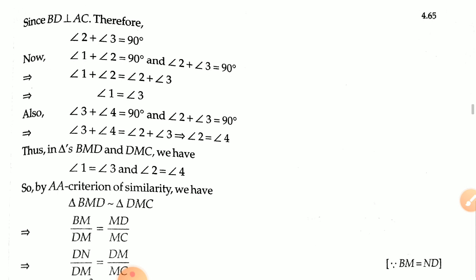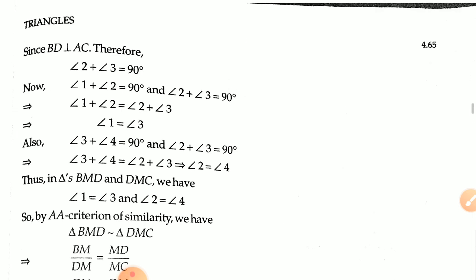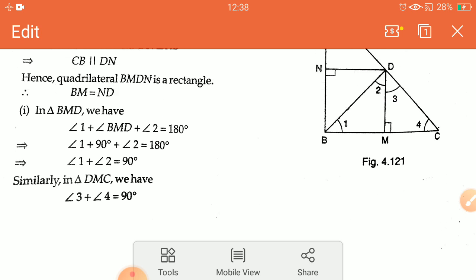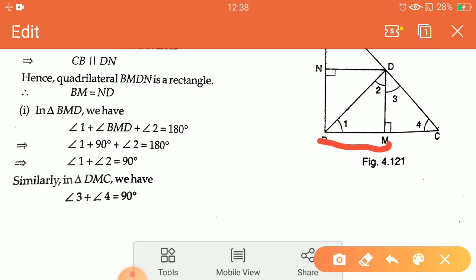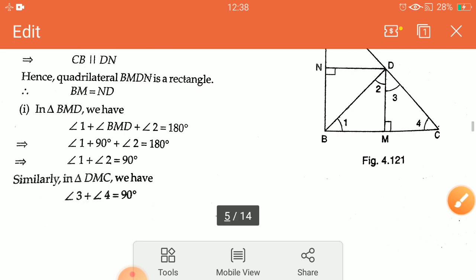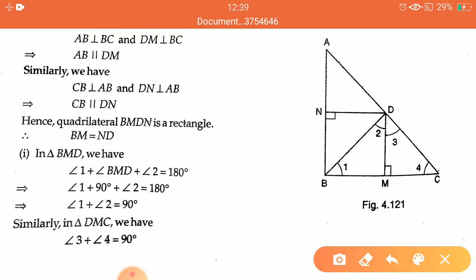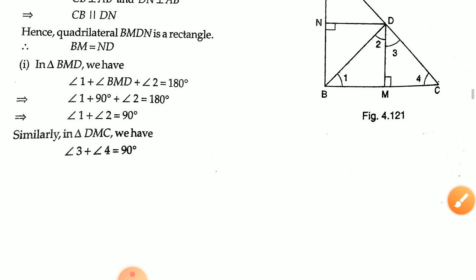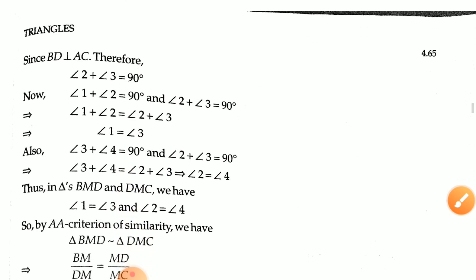Now, in triangles BMD and DMC, we have angle 1 equal to angle 3 and angle 2 equal to angle 4.